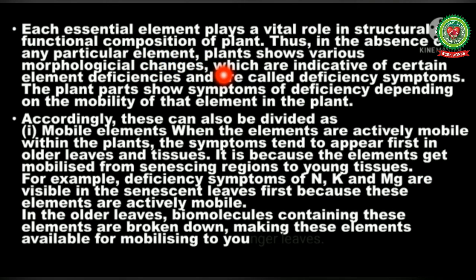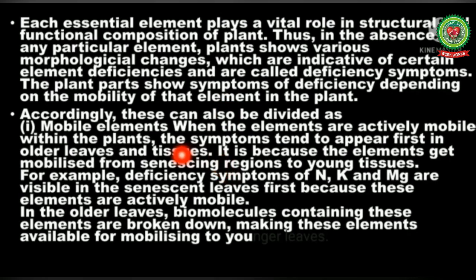The plant parts show symptoms of deficiencies depending on the mobility of the element in the plant. Accordingly, these can also be divided as mobile elements and immobile elements. When the elements are actively mobile within the plant, the symptom tends to appear first in the older leaves and tissues.